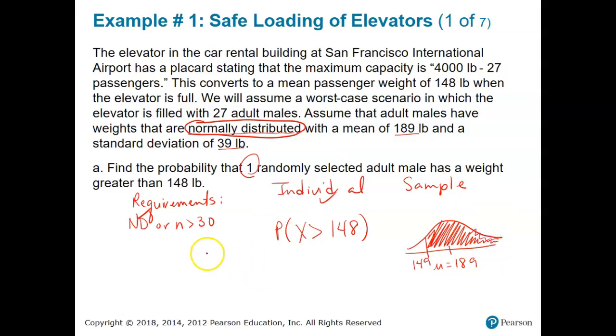Since I'm finding a probability, I'm going to do the normal CDF from 148 to infinity, which we know we put in the calculator as E99. The mean is 189 and the standard deviation is 39.